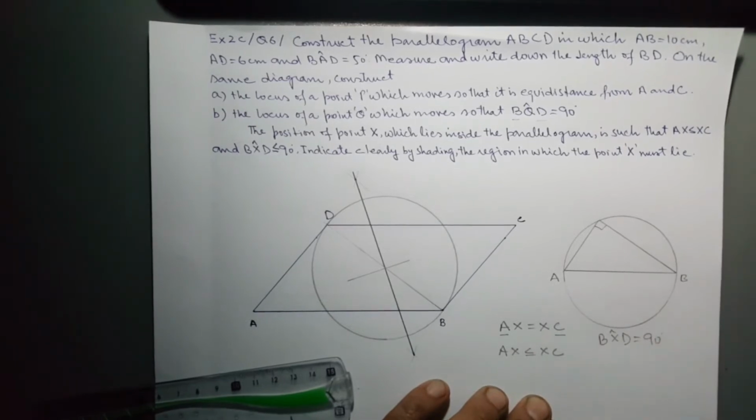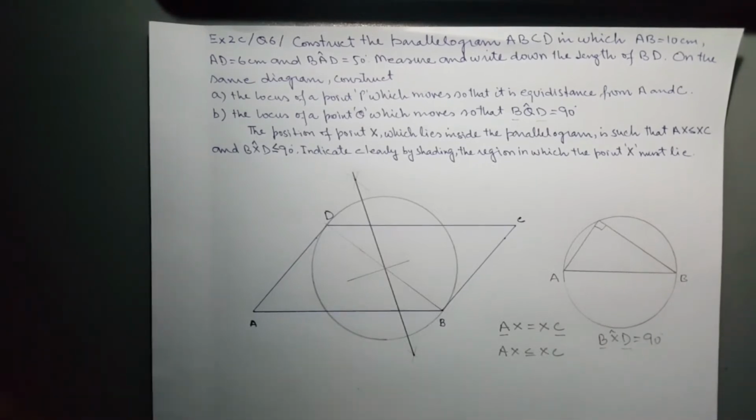Angle BXD is 90 degrees. X, the variable point, is in between the fixed points and the angle is 90 degrees. So we will draw a circle with BD as the diameter. We have drawn the circle already. Now the angle should be less than 90 degrees.